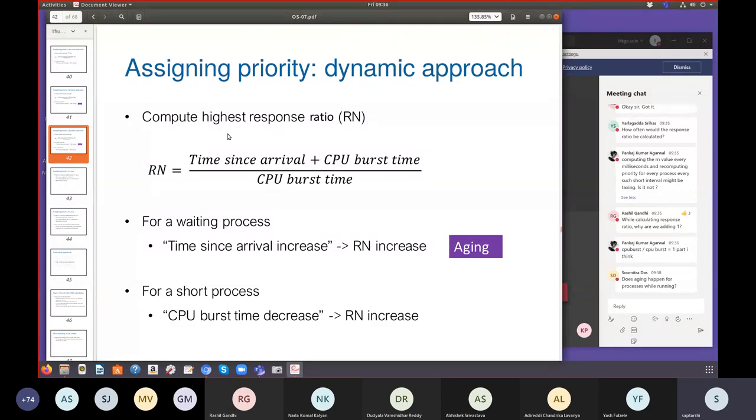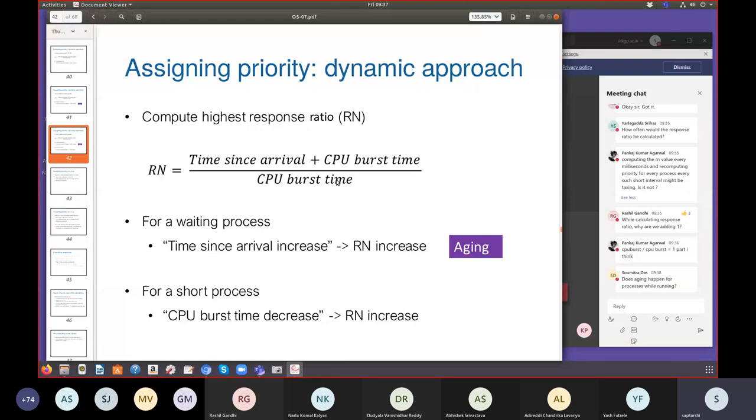Therefore, the kernel is noting down these things. Now, how much time this kind of addition and division will take, time since arrival divided by CPU burst time, I really don't think this will significantly increase the overhead of scheduling.